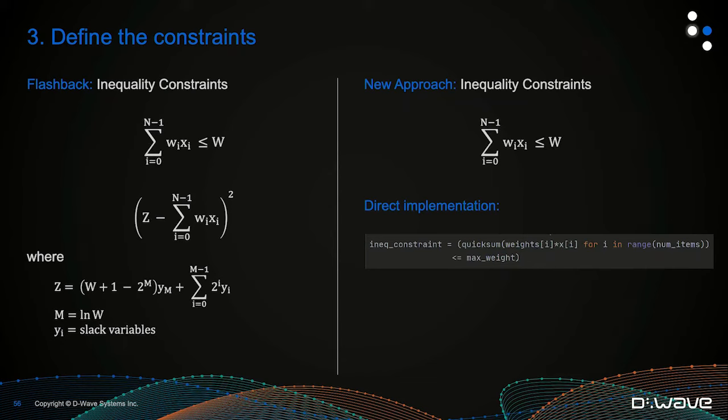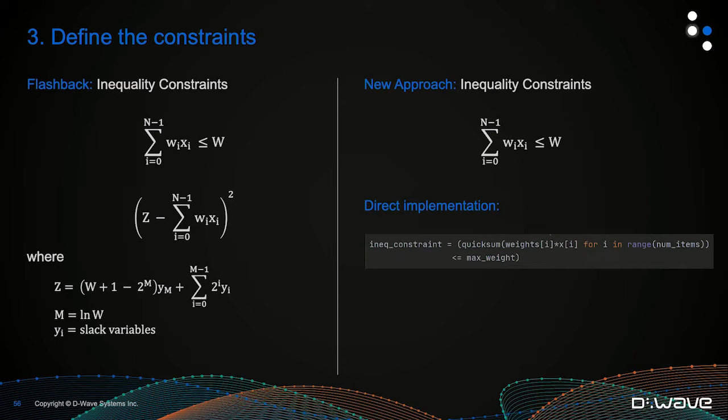Now, again, before we move on, I just want to take a look at how we used to deal with inequality constraints. On the left-hand side here, I've shown how we build a penalty model. So note that it's similar to the equality constraint in that we have everything on one side and we square it.